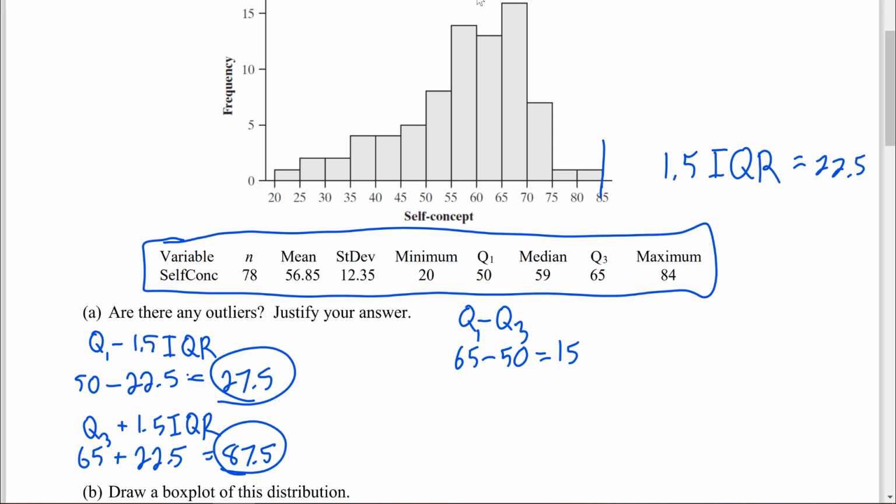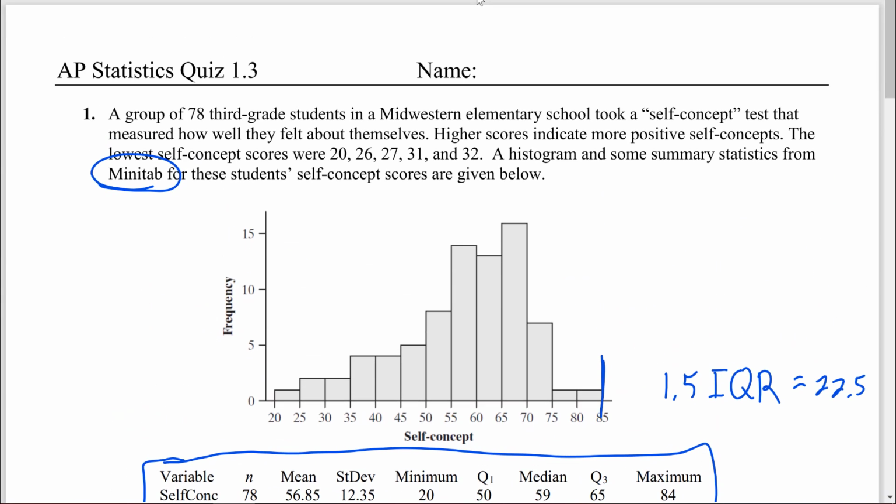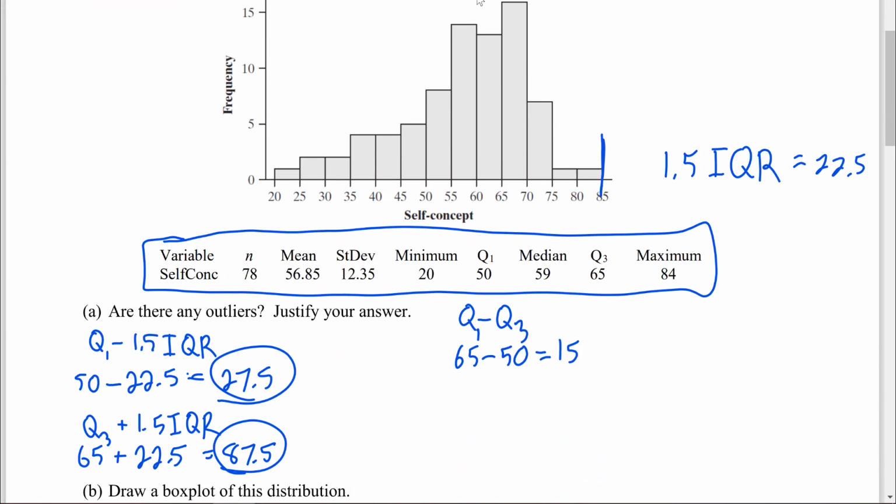So our graph ends at 85, so we have no upper level outliers. But that explains why they gave us this information. We have 1, 2, 3 values that are below our minimum of what we would expect to see.